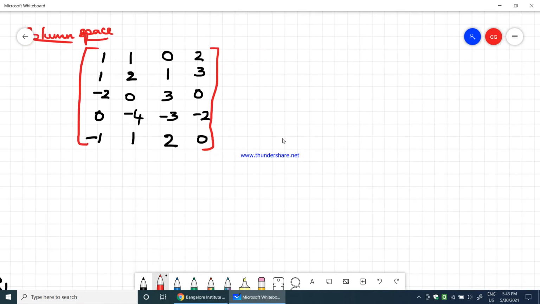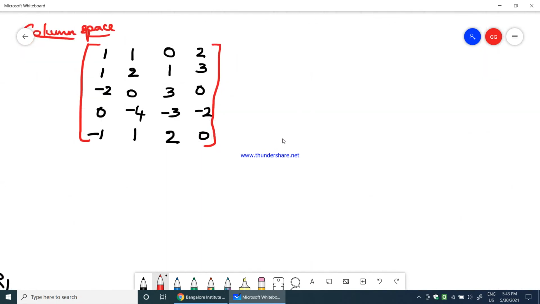So what we can do here is we'll try to replace the last row, which is R5, with R5 plus R1.